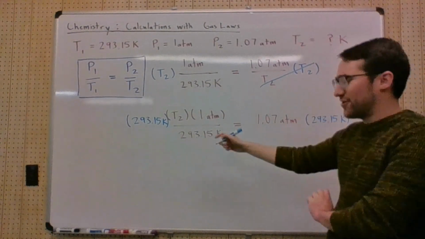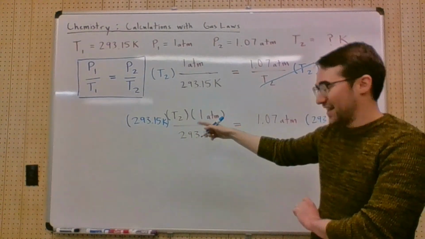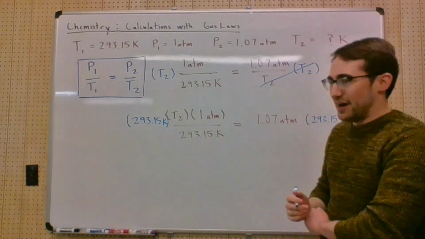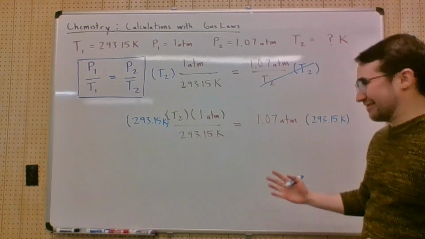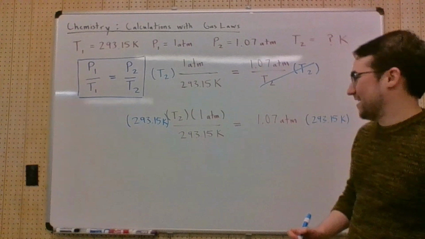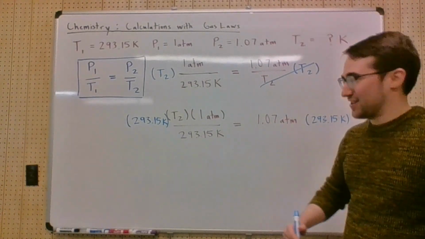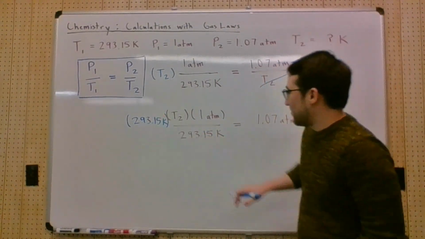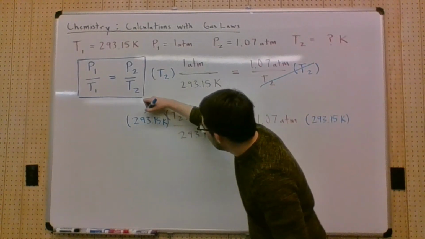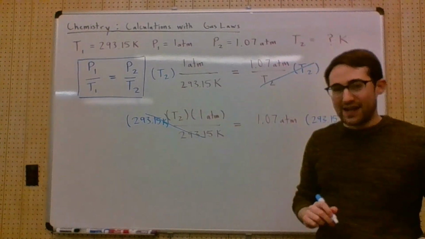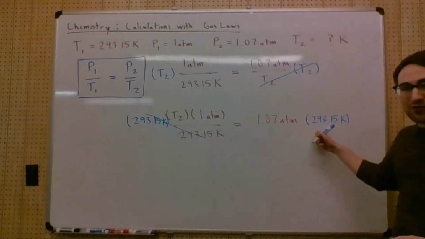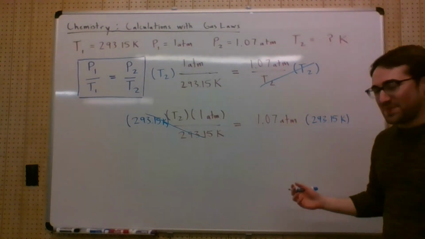Okay, and then I want to divide off this 1 atmosphere to get it away from the T2. Now, I would usually do this in 2 steps, but I'm kind of running out of room. So if this part confuses you, just know that you can do this step and say, that cancels out. Crunch this math together, and that's cool.